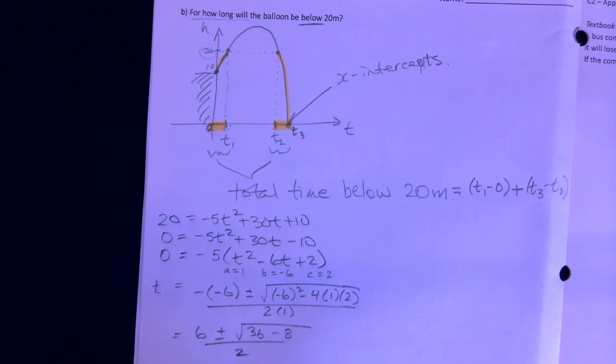T1 is going to be 6 plus 5.3 over 2. And T2 is going to be 6 minus 5.3 over 2.